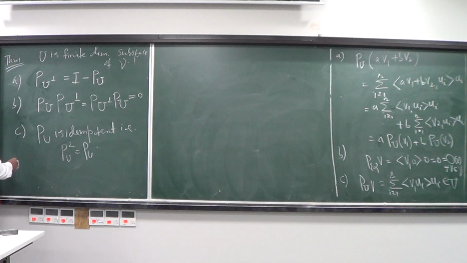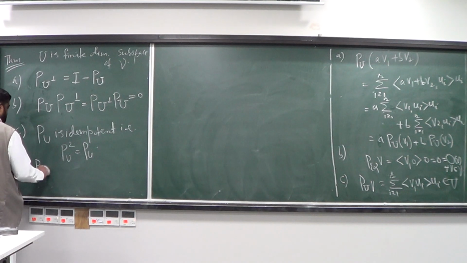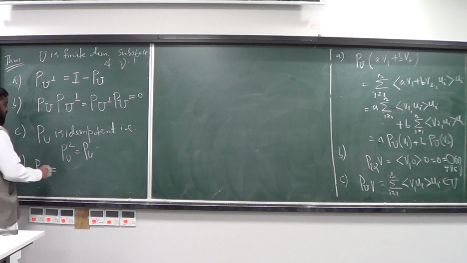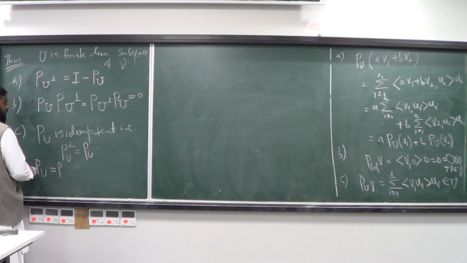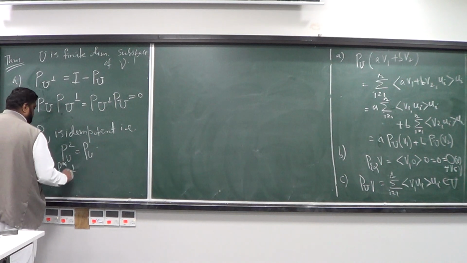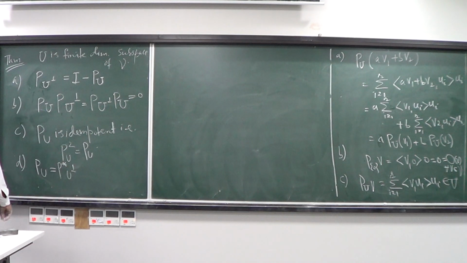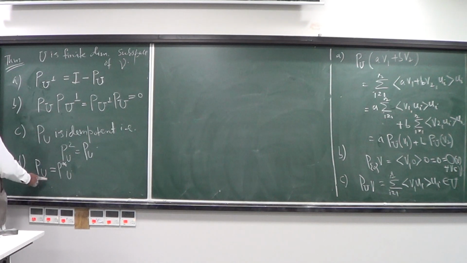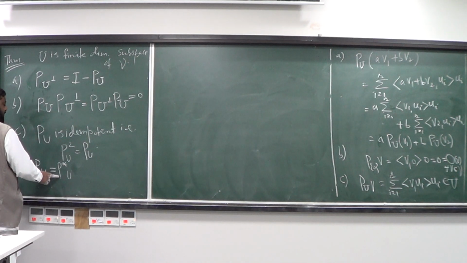The projection operator is idempotent. And what is interesting is that, since this is a linear operator, the projection operator of U is equal to the adjoint of the projection operator.